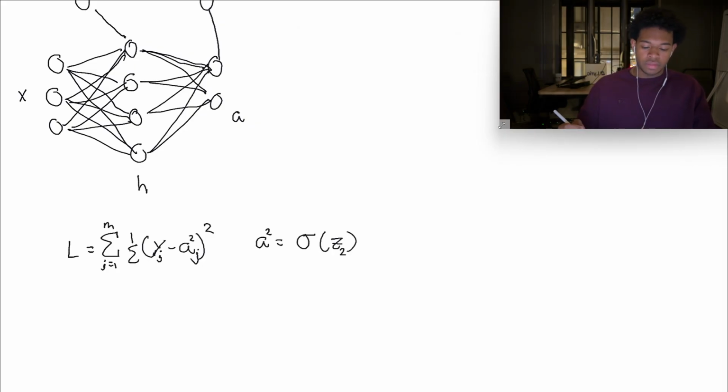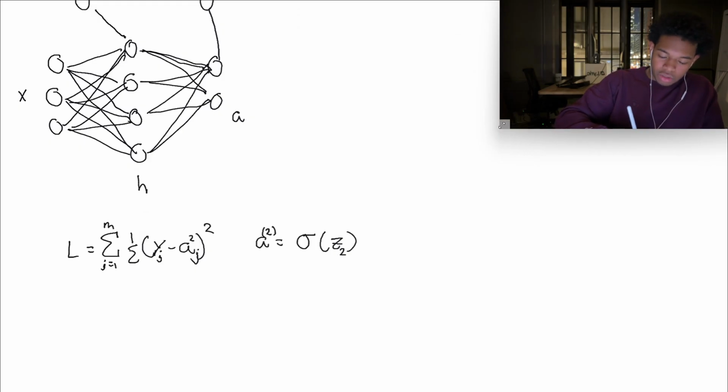Yeah. So A2 equals the element by element sigmoid activation of Z2. Nothing's going to be squared. We're not going to mix up our superscript. So that's A2.